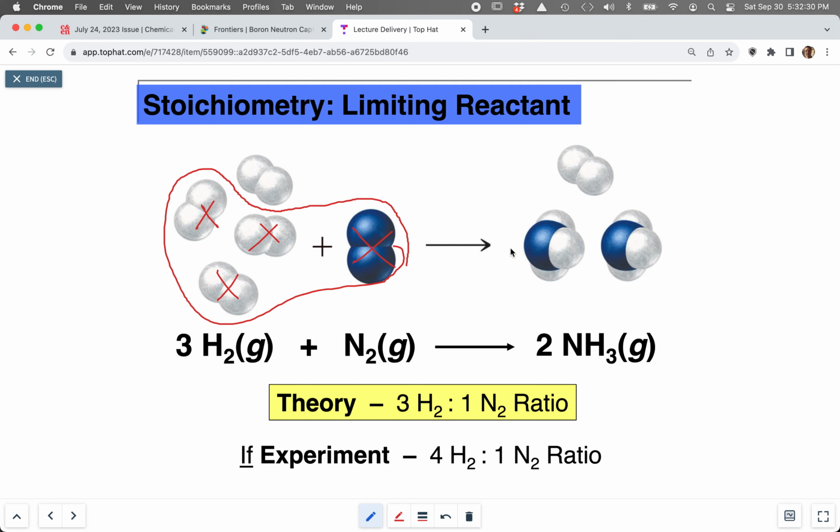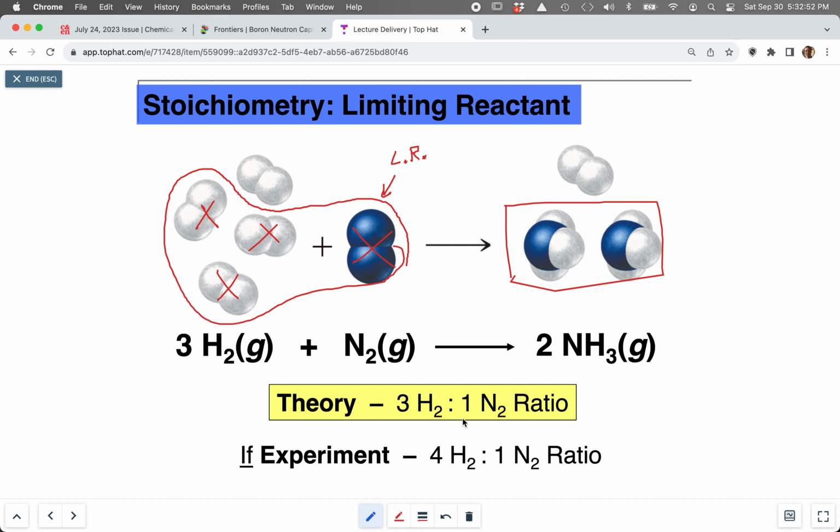So they're gone to create 2 molecules of ammonia. Any hydrogen that we have left over will be unreacted. So what's limiting us is the nitrogen. This is the limiting reactant. So we can see this from the pictures.